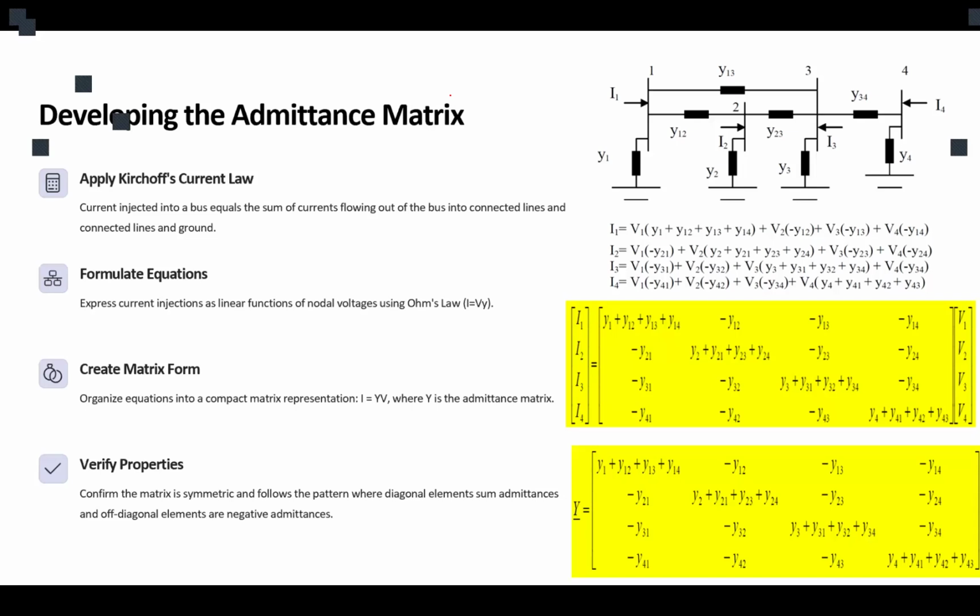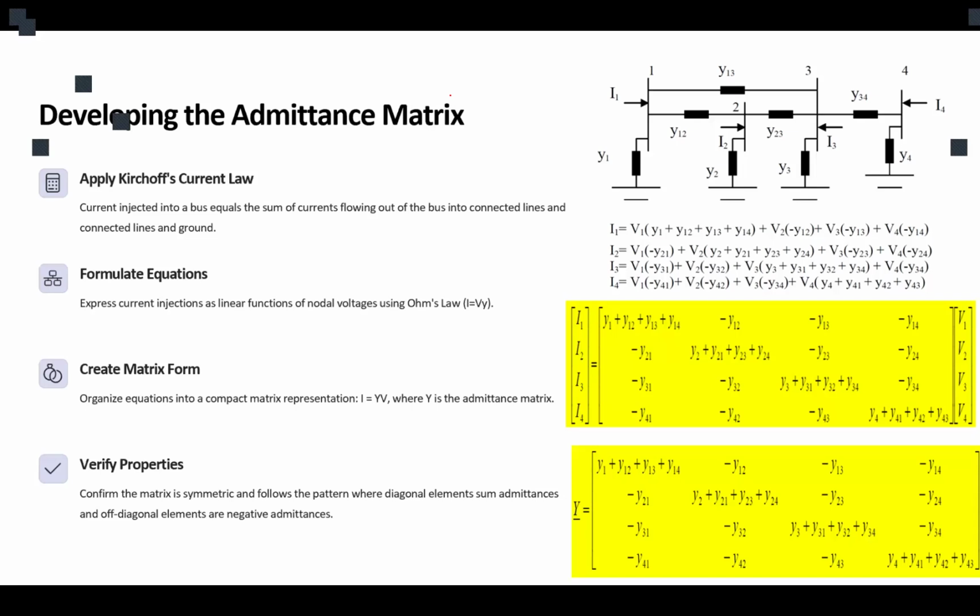Admittance matrix is a topological graph. Impedance matrix is a complete graph. Very different components. They represent the same system, very different concepts. If you search on that and understand the difference between a topological graph and a complete graph, you would get a very good intuition about system analysis and how systems work.